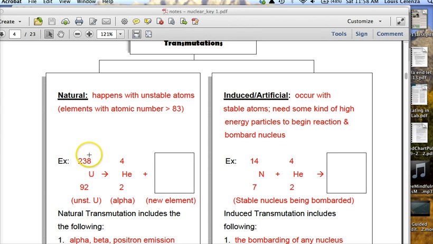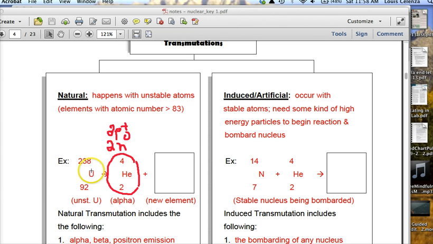In this particular case, this uranium atom undergoes what's called alpha decay, which simply means its nucleus gives off an alpha particle. An alpha particle consists of 2 protons and 2 neutrons, which the symbol is this, and this is in your reference tables.